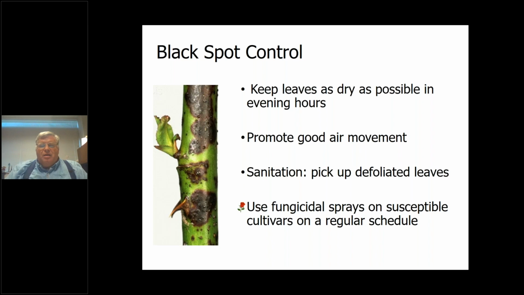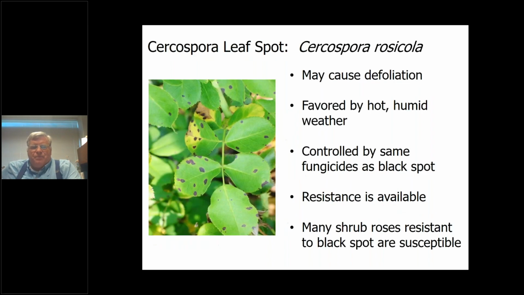He did not spray for black spot. And that's just another example of how important it is to try to keep your foliage as dry as possible. And that, of course, comes with good air movement. We want to reduce inoculum by sanitation, and we're going to use fungicides on a regular schedule if needed.